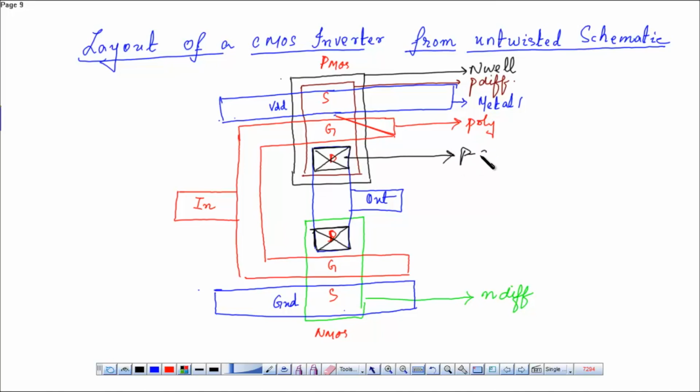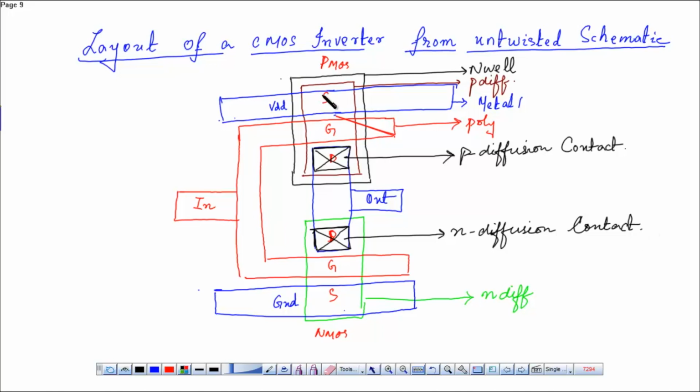This is the P diffusion contact. This is the N diffusion contact. Similarly, this is also a P diffusion contact. Over here there will be a N diffusion contact.